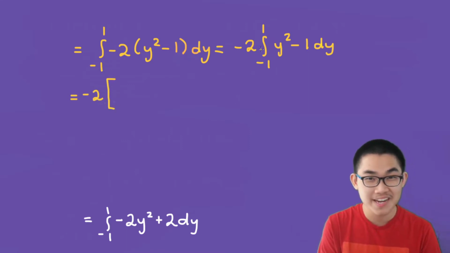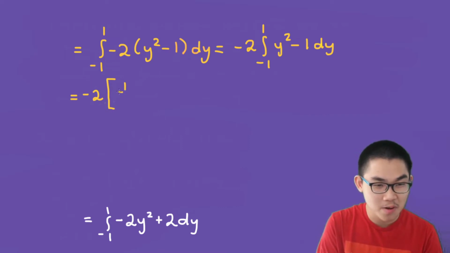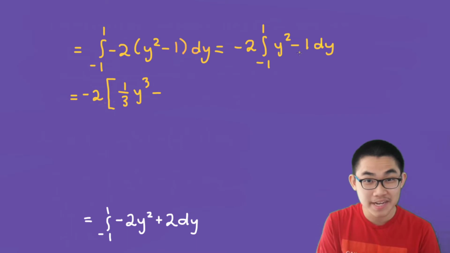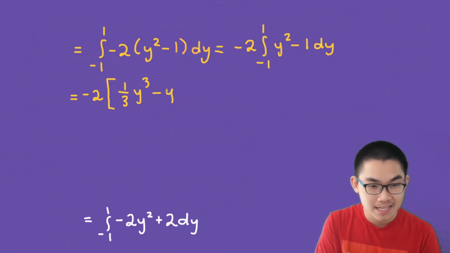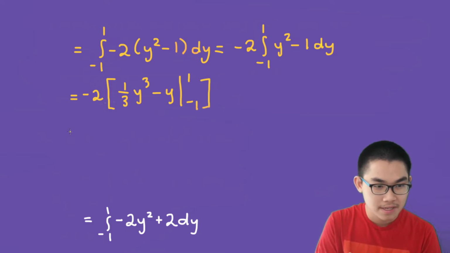So y squared integrated is going to give you 1 over 3 y to the power of 3. And 1 integrated is going to give you y. And that's going to be from 1 to negative 1. So this is going to be the same as negative 2 times 1 over 3 times 1 to the power of 3, that's going to be this one, minus 1.